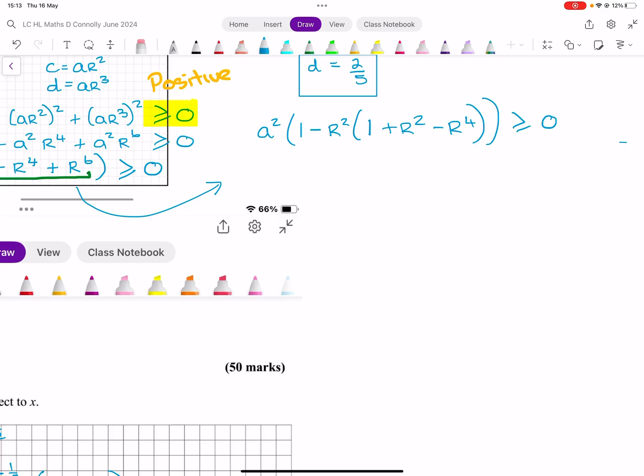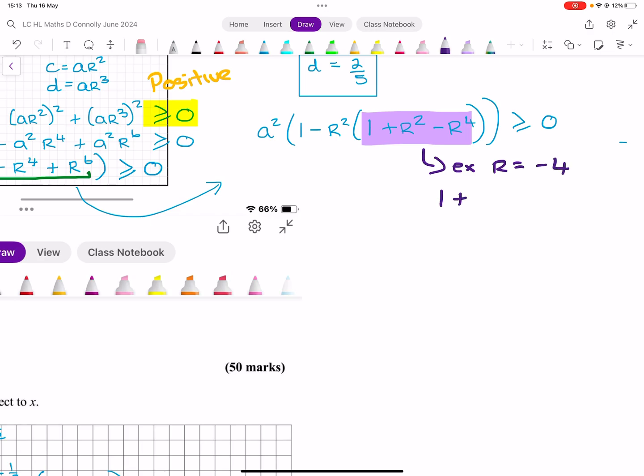Now, this feels better. Okay, so if we look at this, I think because r to the 4 is always going to be bigger than r squared, that bracket's always going to be negative. Let's do an example. So if we let r equal something negative, so like minus 4.